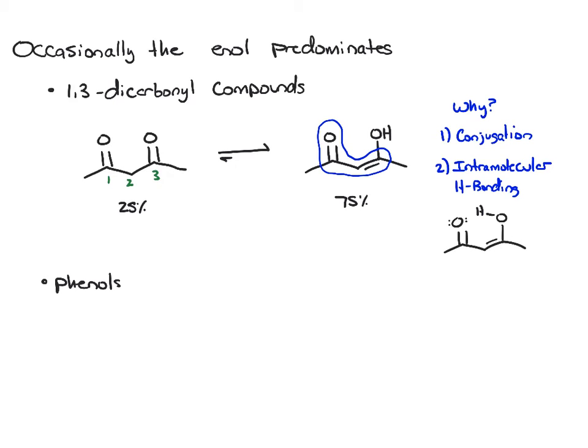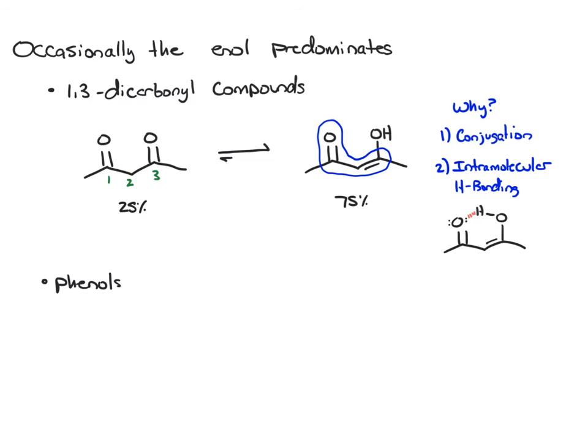What will happen is the lone pair of this carbonyl can hydrogen bond with that hydrogen. And this 6-membered ring type system here with hydrogen bonding is quite stable. We do also have alpha carbons on the outside that are enolizable, but those don't give us the same stabilizing factors, so those only contribute a very small percentage of enol tautomer.